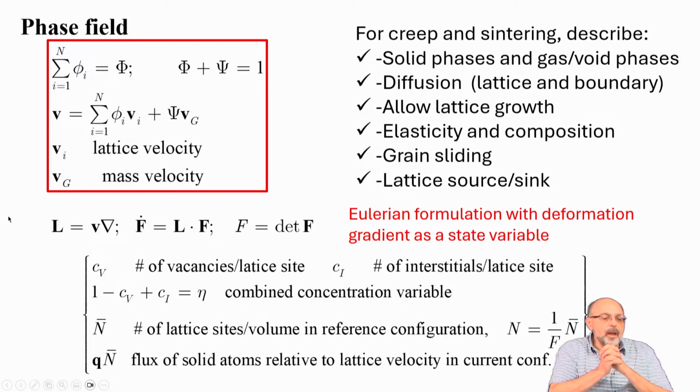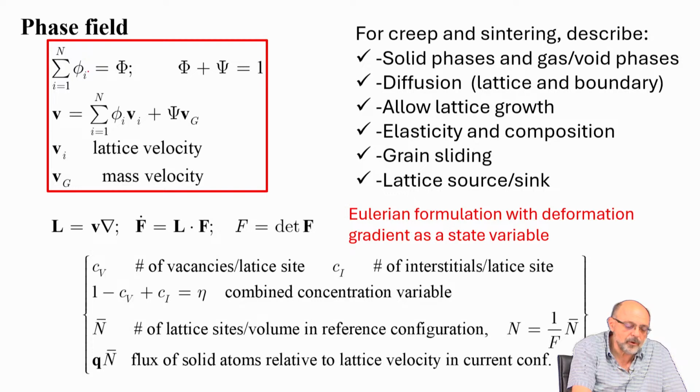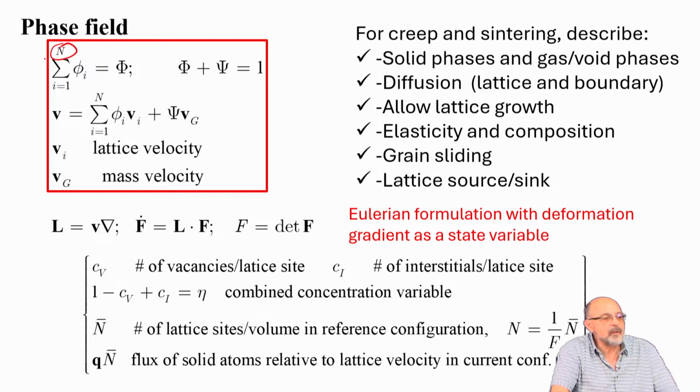So let's see. We have solid grains, and let's say we have n grains. Each grain is its own phase, and I'm going to look at a very simple case where I have a single species. It is not very difficult to add multiple species or multiple phases. That's a matter mostly of bookkeeping.